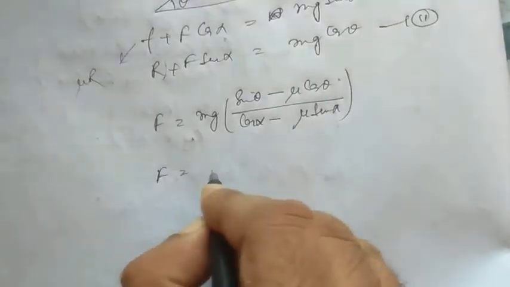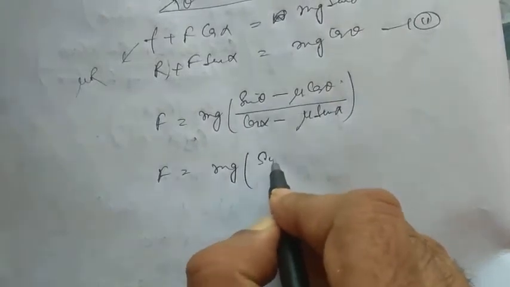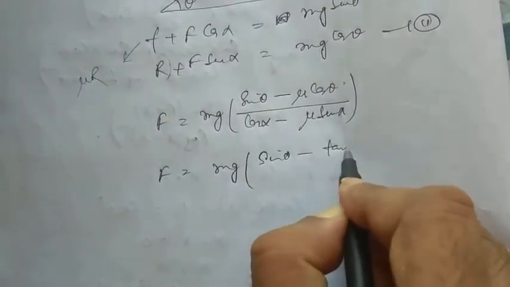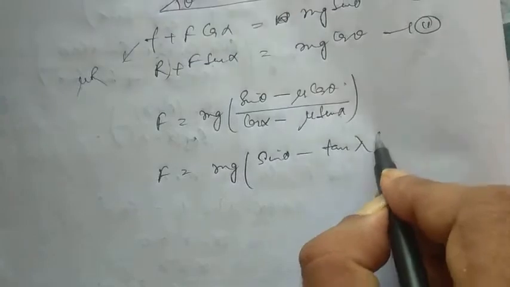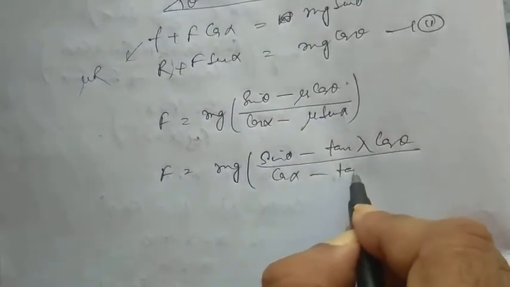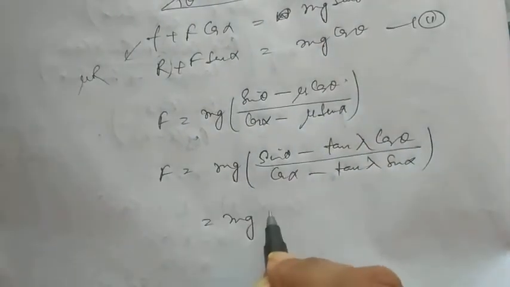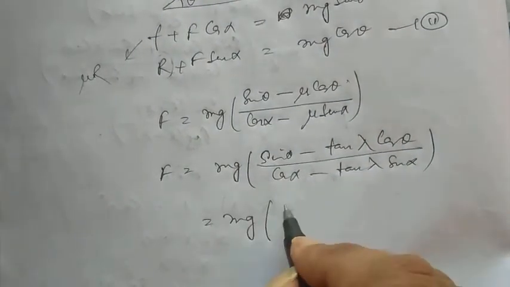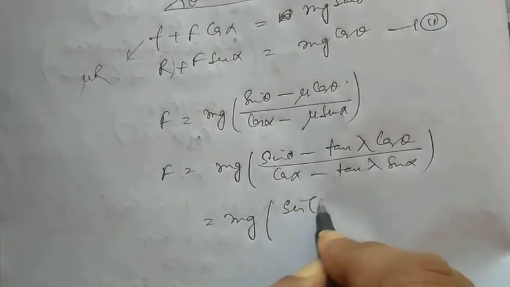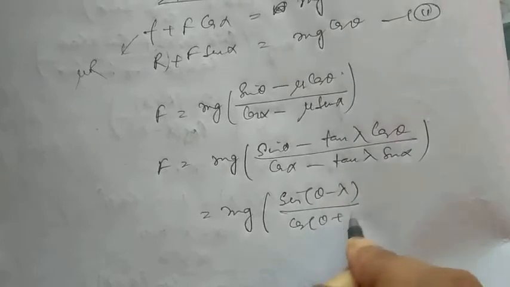Now, as we had done in the previous video, replace mu by tan lambda, that is the angle of friction. Cos alpha minus tan lambda sin alpha. So mg, if we write the expression like this, sine of theta minus lambda by cos of theta plus lambda.